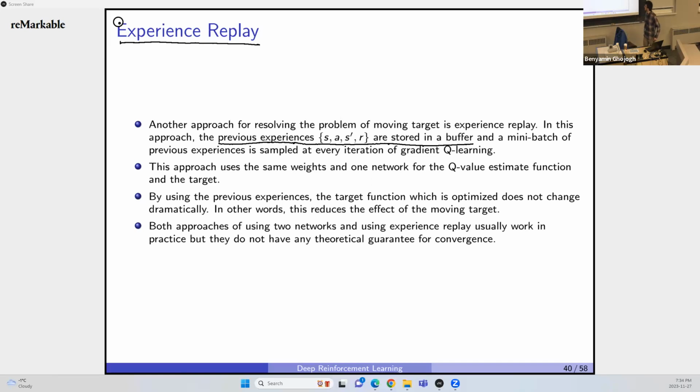I don't know which one is less likely to converge, but in practice they have both shown to work usually, but they don't have any guarantee for convergence. Here we don't have any guarantee because the estimator of Q function, which is a neural network, is a nonlinear function. But if we approximate the Q function with a linear function, it has a theoretical guarantee for convergence.